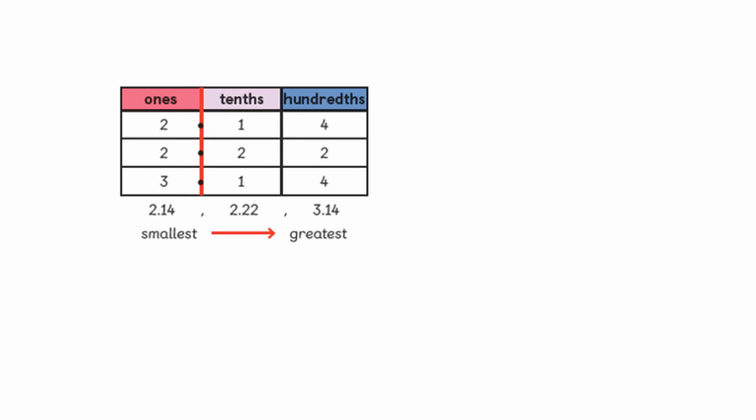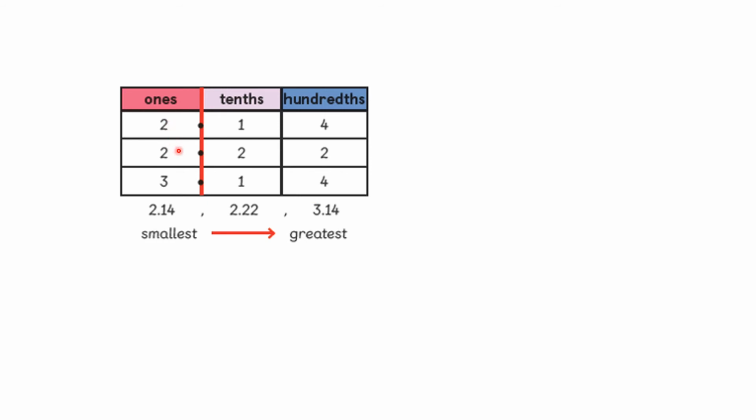Another way of doing it without using the counters is just to write the numbers in their place value grid. Now, to compare these numbers from smallest to greatest, I would start off by looking in the ones column. I'd always start off on this side, ones column, and I can see that this number here is the biggest because it has the most ones, and so it's been put here as the greatest number.